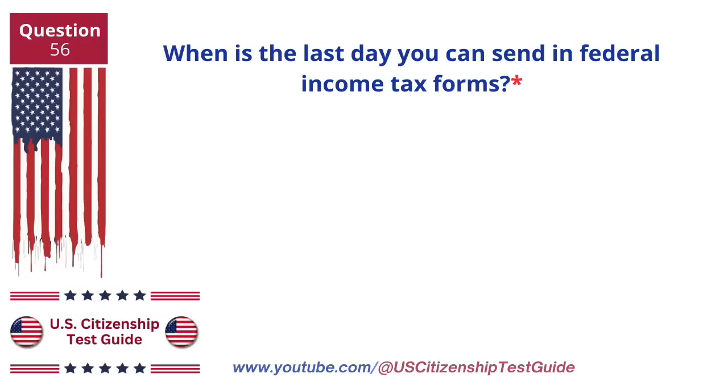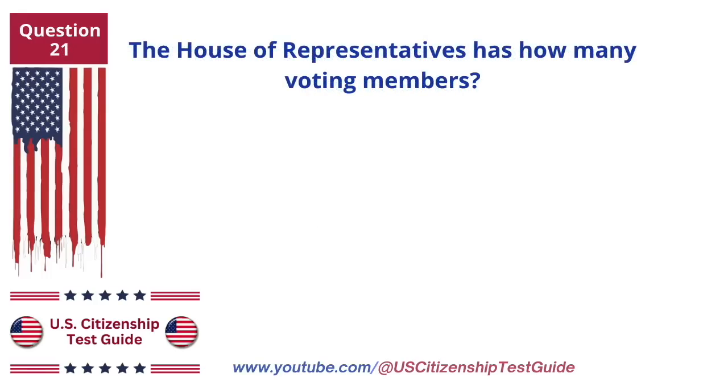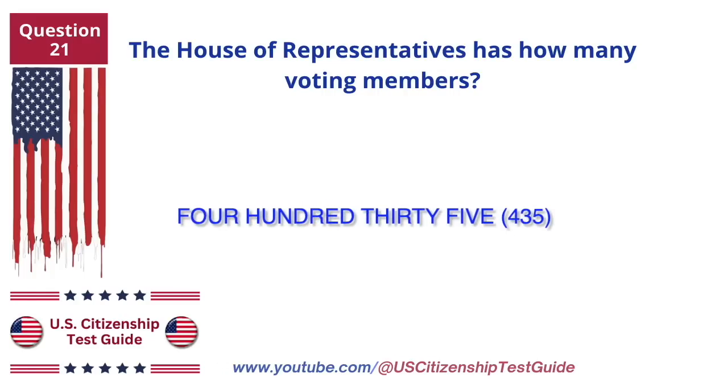When is the last day you can send in federal income tax forms? April 15. The House of Representatives has how many voting members? 435.